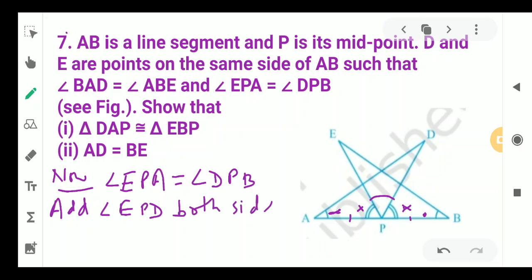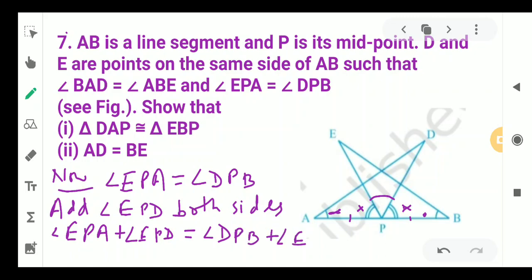In the given relation, we are adding angle EPD on both the sides, so we will get angle EPA plus angle EPD, and on the right side angle DPB plus angle EPD. So we have added the angle EPD on both sides.